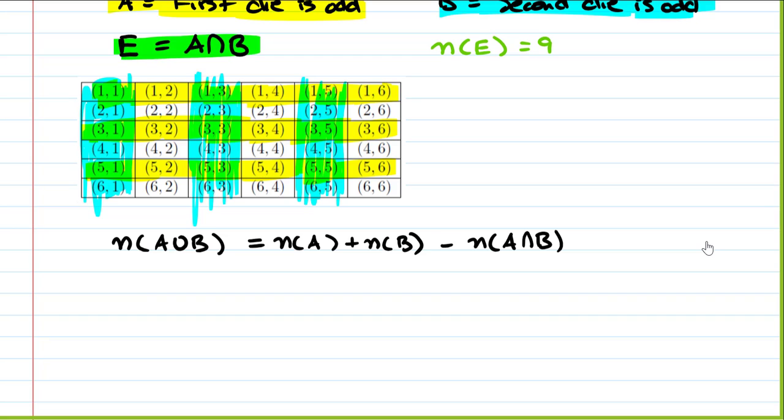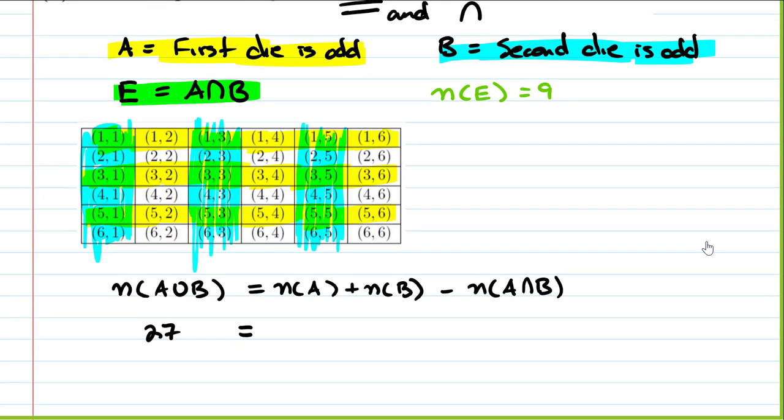So 36 take away 9 is 27, is equal to how many things were in A? Well, A was the 3 rows of 6, so that's 18. The number of things in B was 3 columns of 6, so that's 18.